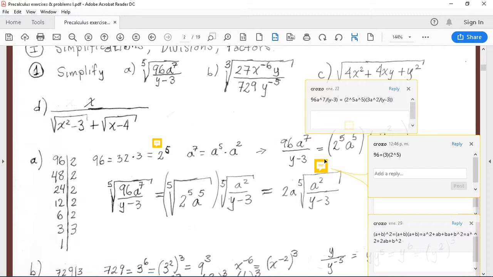So that gives me that 96a to the seventh divided by y minus 3 is, as it is expressed here, 2 to the fifth times a to the fifth times 3a squared divided by y minus 3.